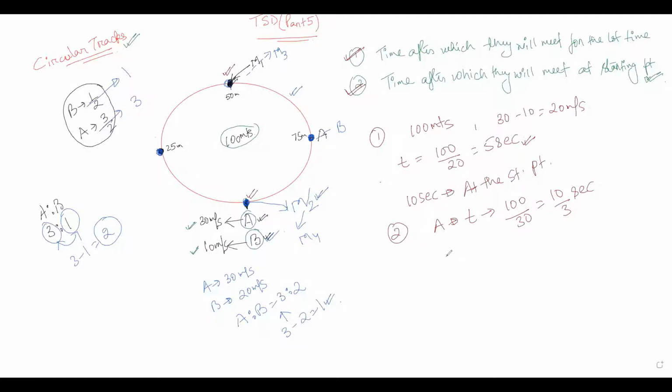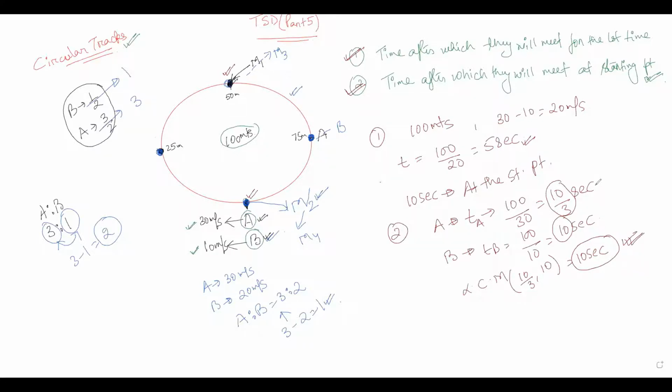In a similar way, the time taken by B to be at the starting point would be simply 100 upon 10, that is 10 seconds. So after every 10 seconds, B would be at the starting point. So now if we take the LCM of these 2 times, we can say that after every 10 seconds, they will be meeting at the starting point.